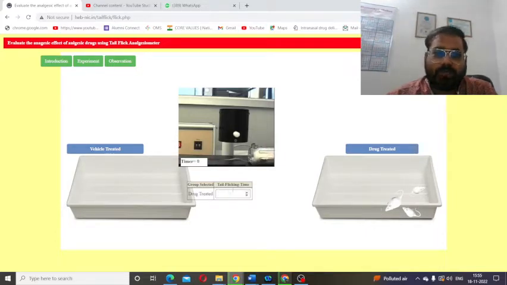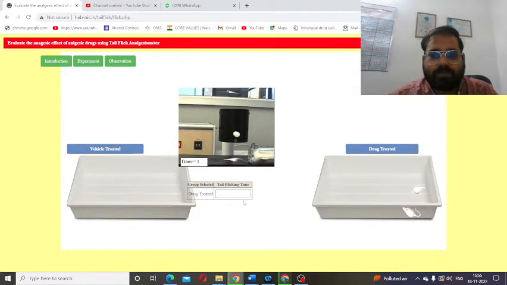We will take another one. The mouse we have taken, this is the tail, and this is our morphine treated mouse. They have taken the morphine, so it is analgesic in nature, that is, pain relieving. The time for which they can bear the pain is actually increasing here. We can see it is almost 16 seconds. After that it has reflexed.